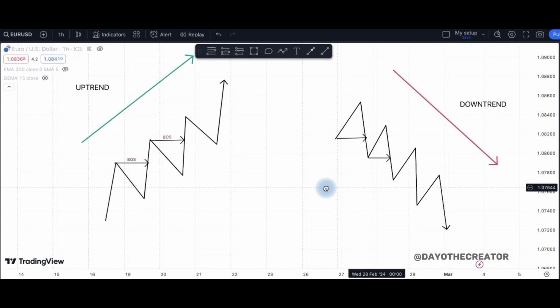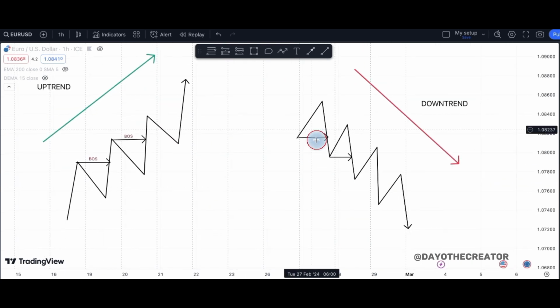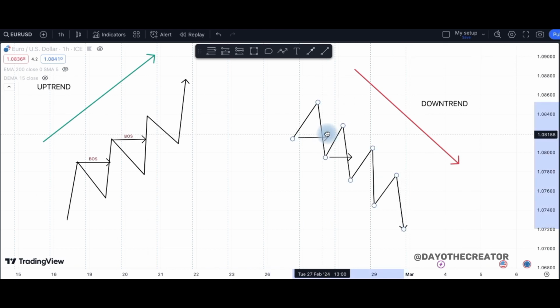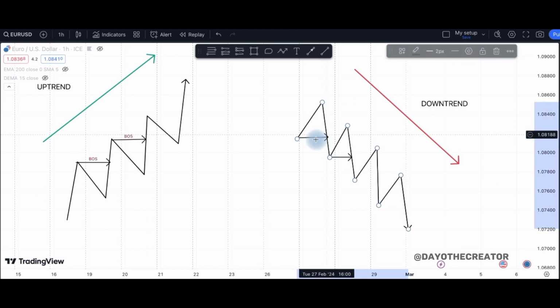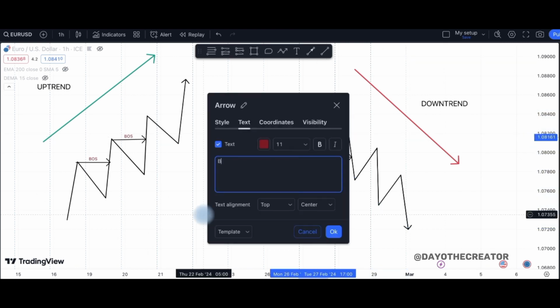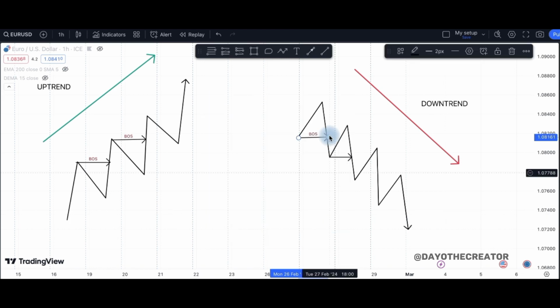The same thing goes for your downtrend. When a new low is created, it makes the previous low weaker than the present low.